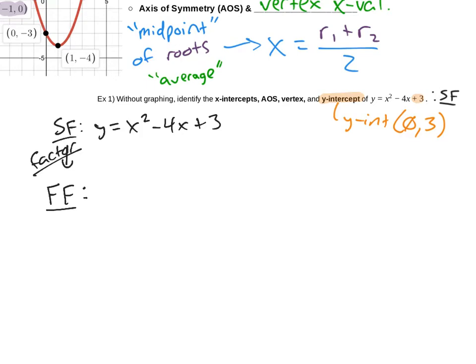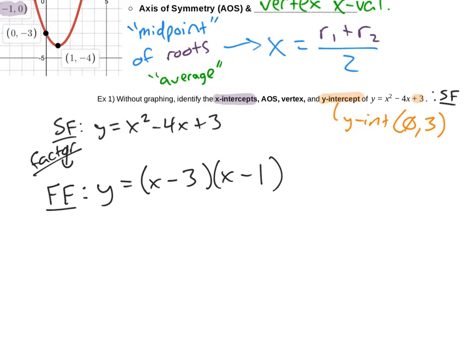And we have a basic x squared. So it's going to be as simple as x times x, and what multiplies to make the prime number 3 and adds to -4? Good. A lot of you are saying -3 and -1. And once we have it factored, what can we see now? The roots, the x-intercepts.